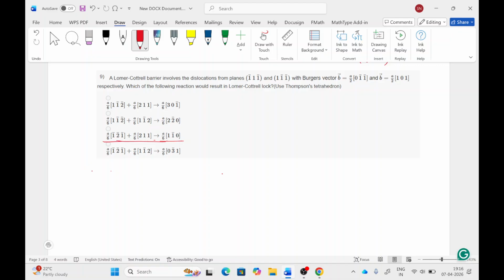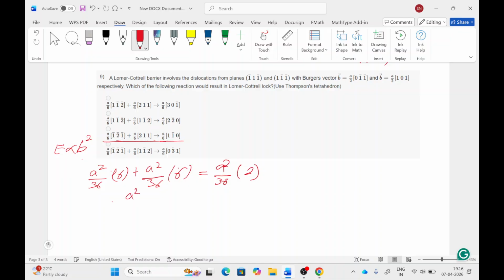So for the third option, if you want to calculate energy, the energy is directly proportional to the square of the Burgers vector. So this will be a squared by 36 and 2 by 6 plus 2.